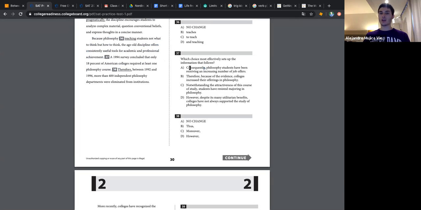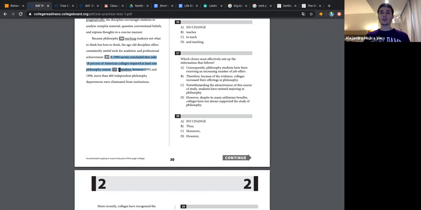So quickly we can discard consequently and therefore, and leave notwithstanding and however. Notwithstanding the attractiveness of this course of study, students have resisted majoring in philosophy. However, despite its many utilitarian benefits, colleges have not always supported. Okay, so it comes down to a question of subject. Who are we talking about in this sentence?